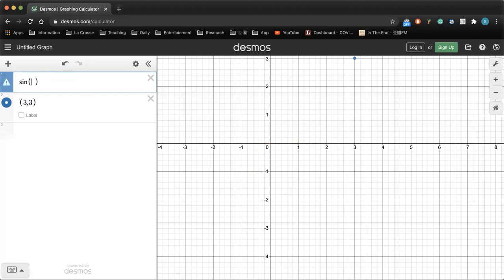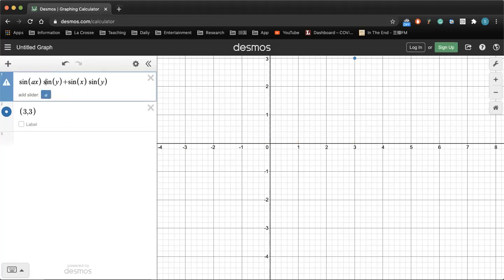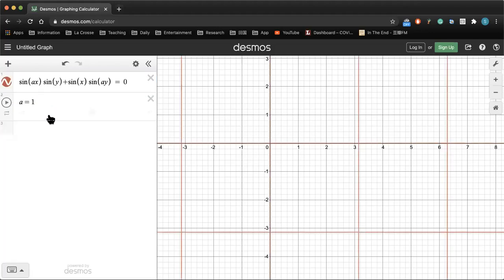Another thing I can show you, which I will show in detail next time, is something that looks like this. Sine x, sine y, but you put a constant here. You can change it to be 2, 3, 4, 5. Make it symmetric. Now what you can do is you can take a equals 1. The graph looks like this.